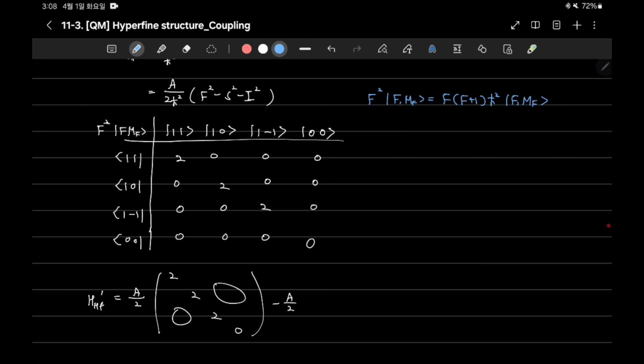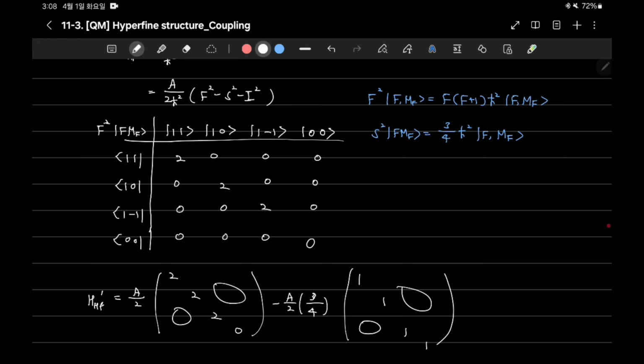The s square f mf is 3/4, so it can be written as 3/4 times the identity on 1 1, 1 0, 1 minus 1 and 0 0, with all other terms 0.